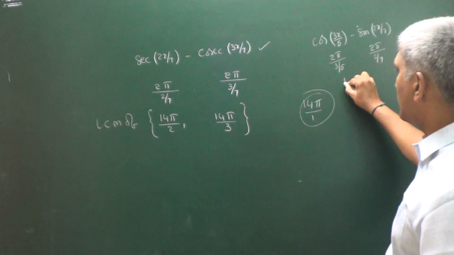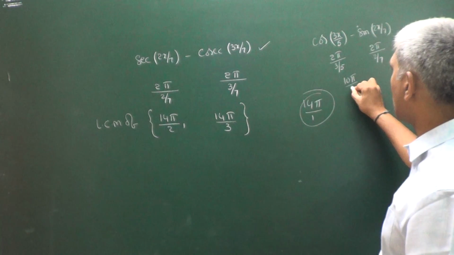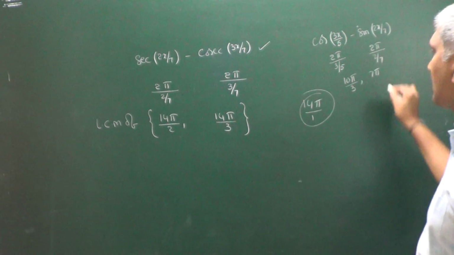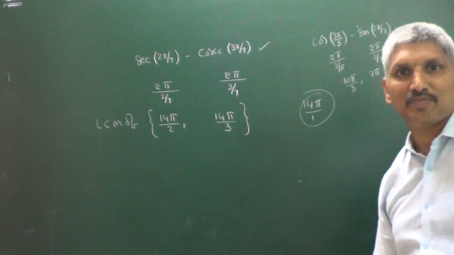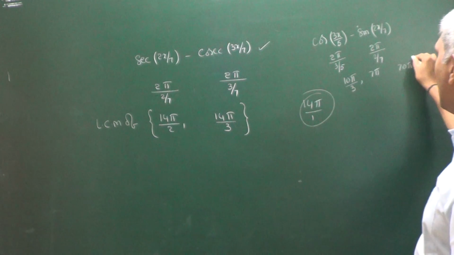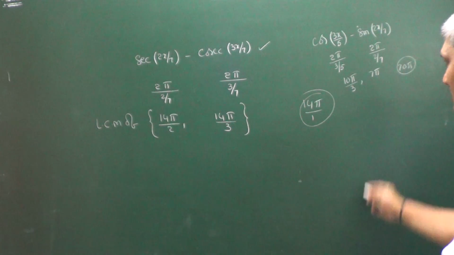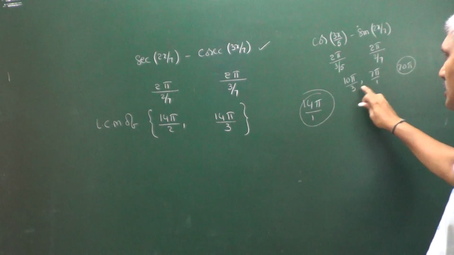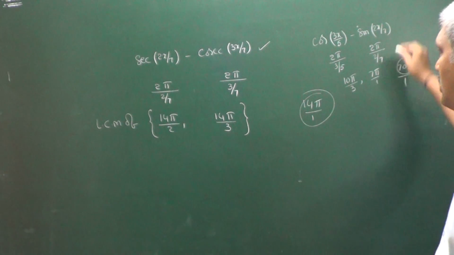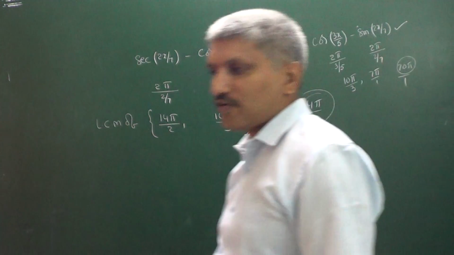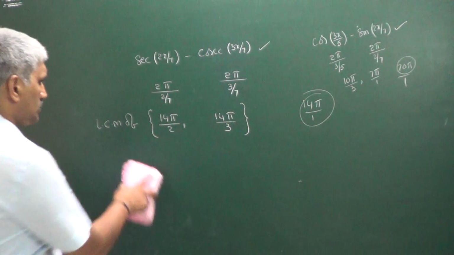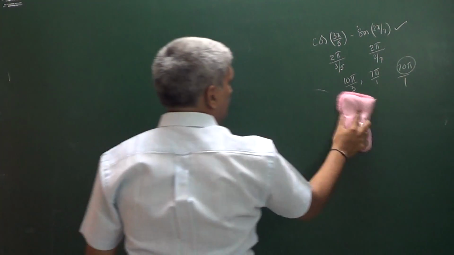Now it becomes 10π by 3, whereas here the 2 cancels, we will get 7π. 10π and 7π, what is the LCM? The LCM of 10π and 7π we will get as 70π, whereas the denominators 3 and 1 have greatest common divisor 1 only. That's why this function is a periodic function with the period 70π, which is the answer for that particular question.